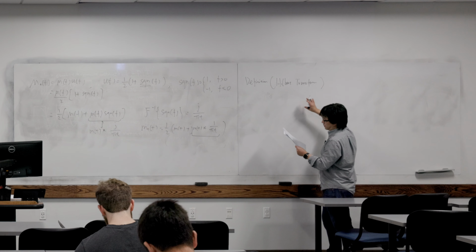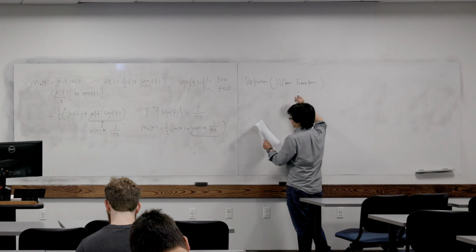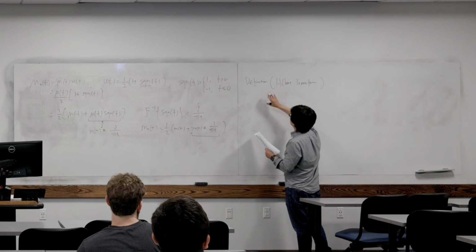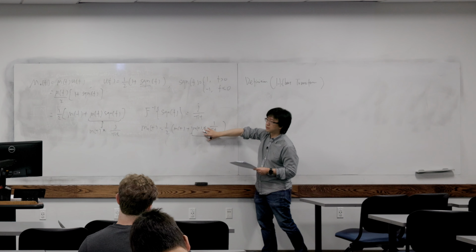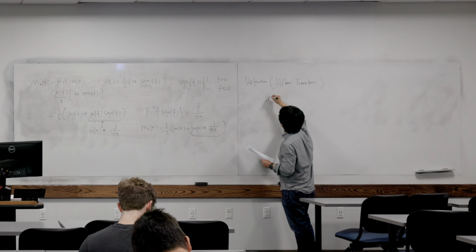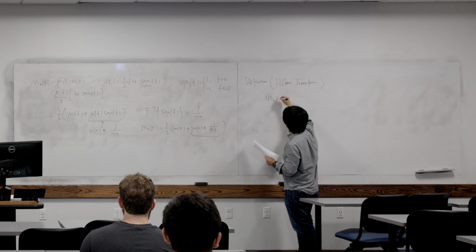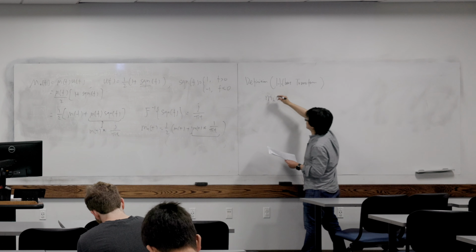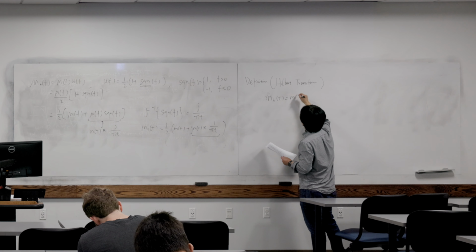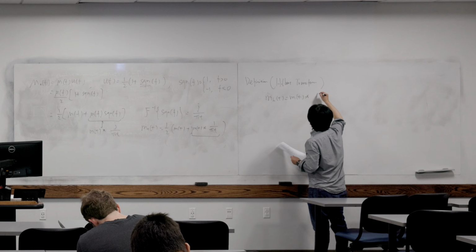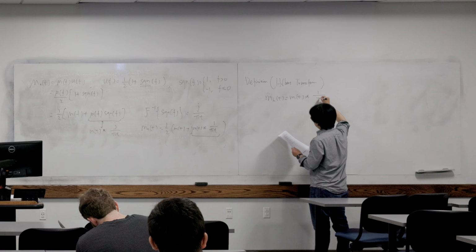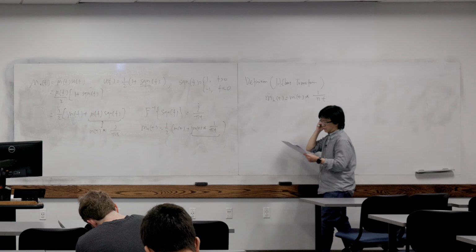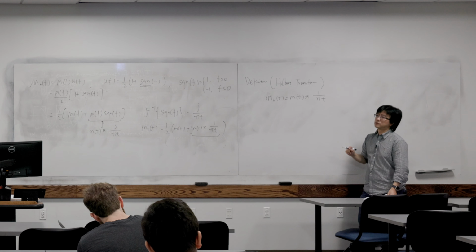Okay, so basically, the definition of the Hilbert transform is exactly this guy, right? So we denote m_h of t, h basically means Hilbert, equals m of t convolved with 1 over pi t, right? That's called the Hilbert transform.